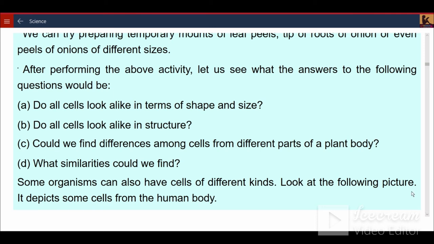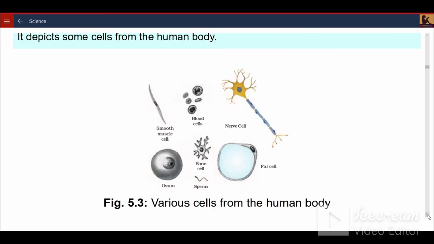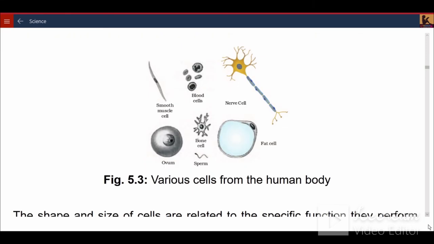Now, in the next part, we are going to see how different cells have their shape and their size. See, the smooth muscle cell is different from the blood cell. Blood cell is also different from nerve cell, ovum, bone cell, sperm cell, and fat cell.